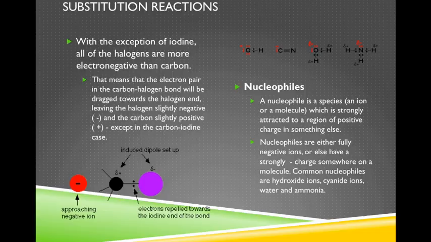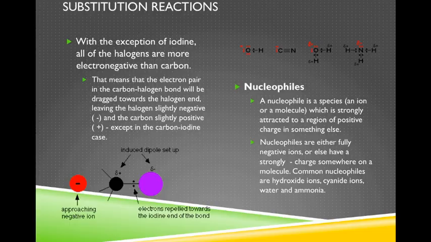That means that the electron pair in the carbon halogen bond, the carbon chlorine bond, is dragged toward the halogen end, giving one end of the molecule a slightly positive charge and one end a slightly negative charge. As we know from term 1, this slightly positive and slightly negative charge is called an induced dipole.